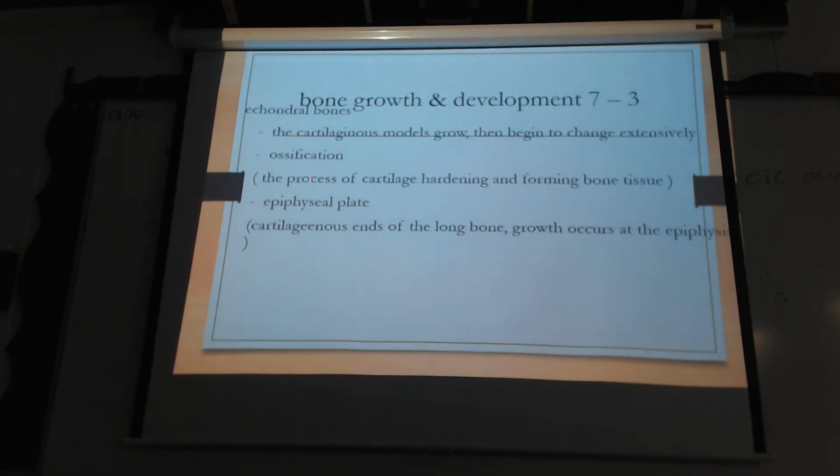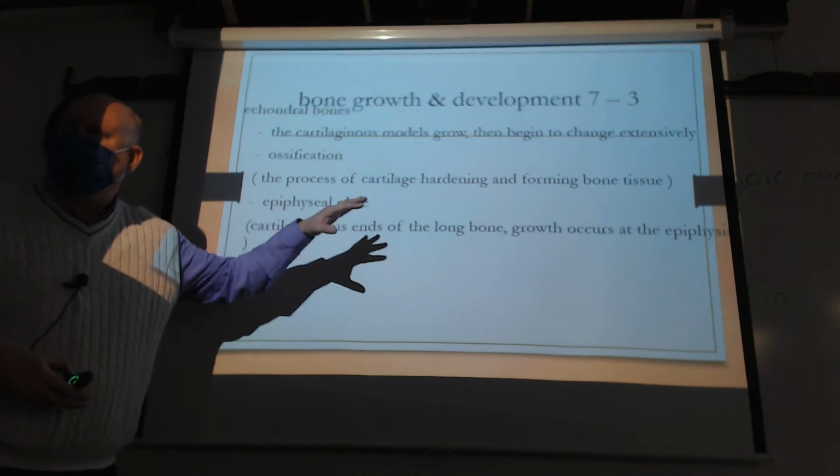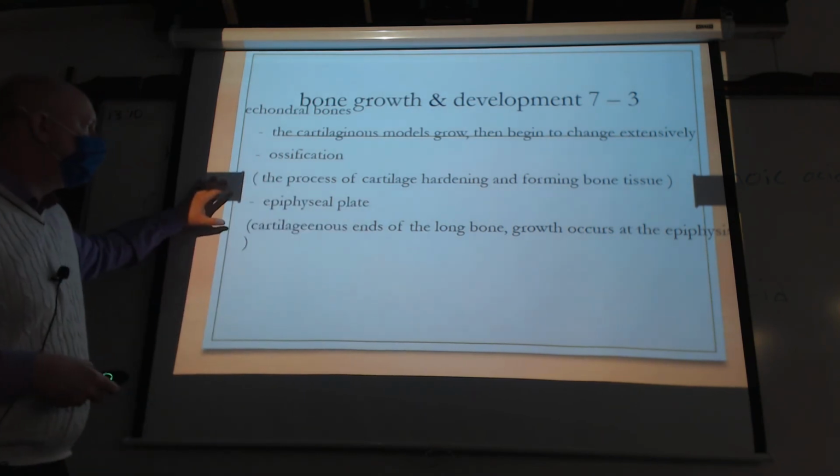It tells you right there: the process of that cartilage hardening and forming bone tissue. So probably about the age of 7 months, maybe up to a year, that cartilage is finally starting to harden and then forms bone tissue to actually protect the infant's brain.